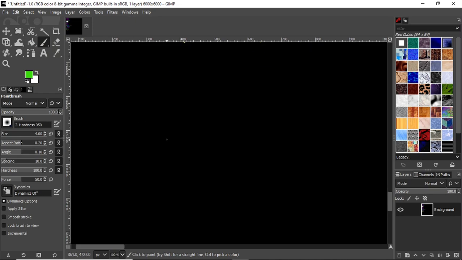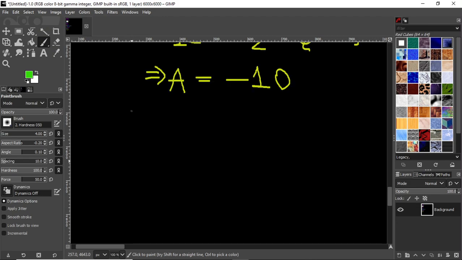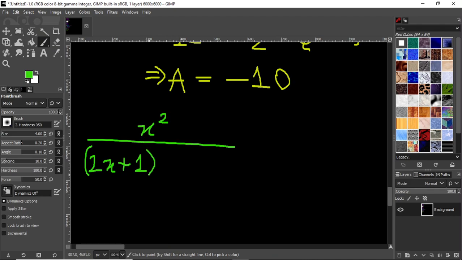So the next problem I have is, yeah, this one is definitely up there with the hardest one. So x squared divided by 2x plus 1 squared, and x squared plus 6.